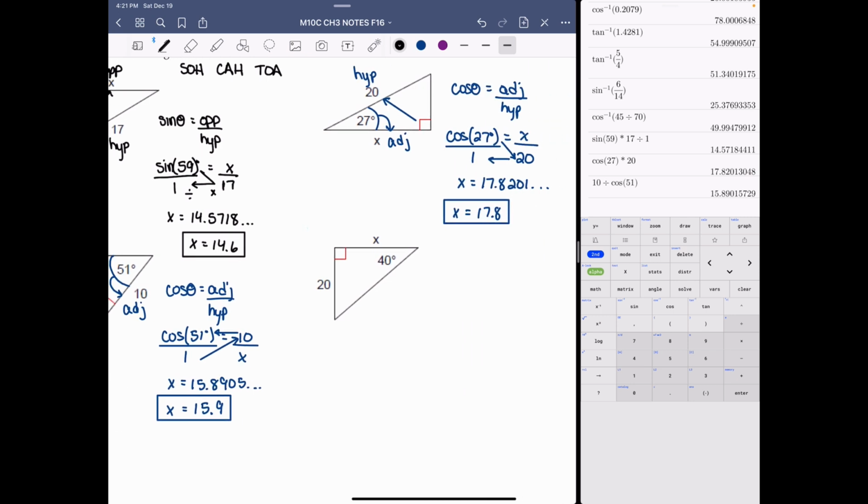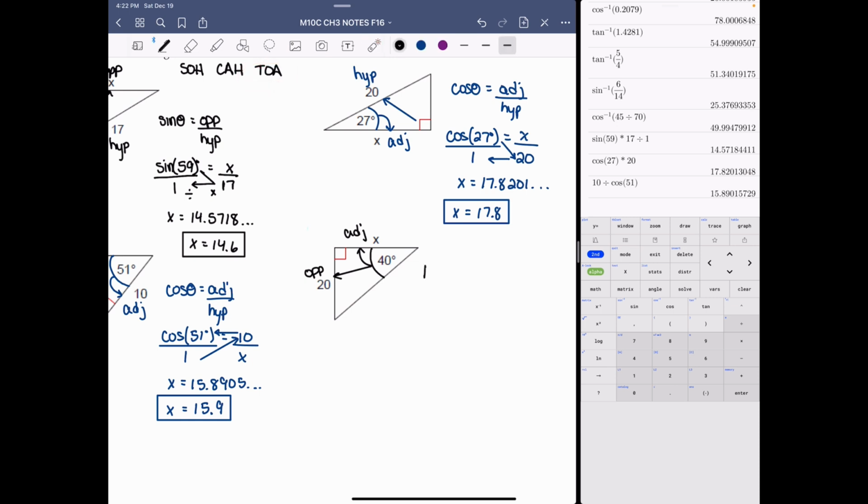Next one, side 20 is across from our angle of interest. That makes it the opposite side, and side x is touching the angle but not the hypotenuse, so that makes it the adjacent side. Which trig function has opposite and adjacent? That would be tan, TOA.